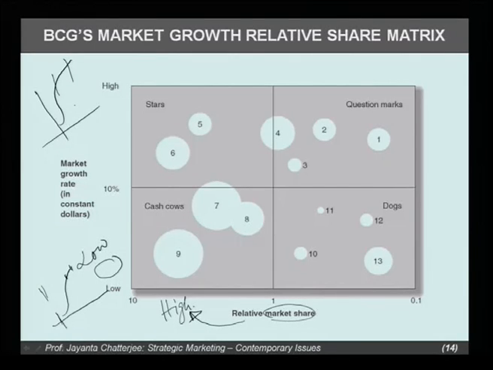Either relatively weaker competitors are absorbed, acquired by bigger competitors, or maybe 2 or 3 smaller players can merge together.